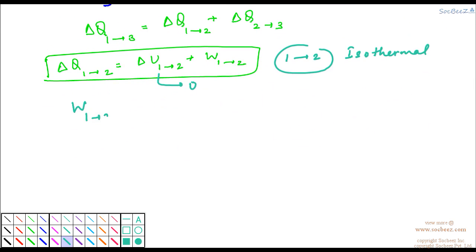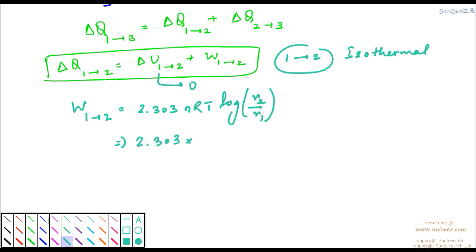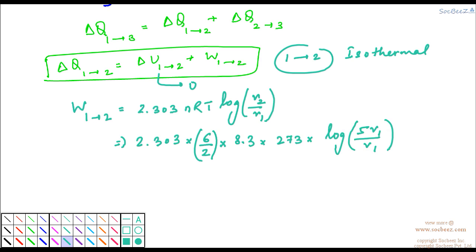And the work would be given by 2.303 nRT log of V2 upon V1, right? Which is nothing but 2.303 times the moles, and 6 gram of oxygen. So 1 mole of hydrogen is 2 grams weight. So there are 3 moles, right? Into 8.3 into temperature, which is given as 273 Kelvin, into log of 5 V1, as the volume has expanded to 5 times, upon V1.